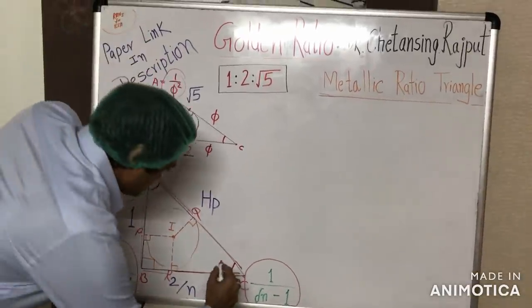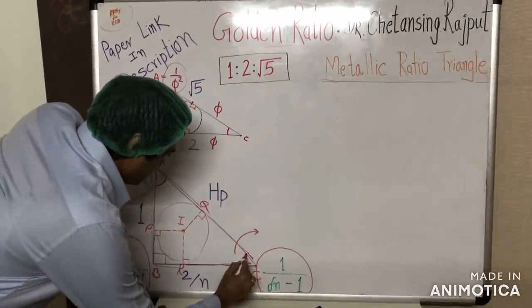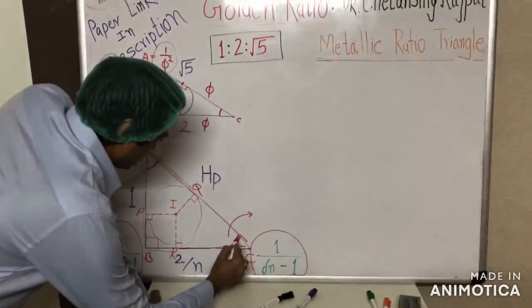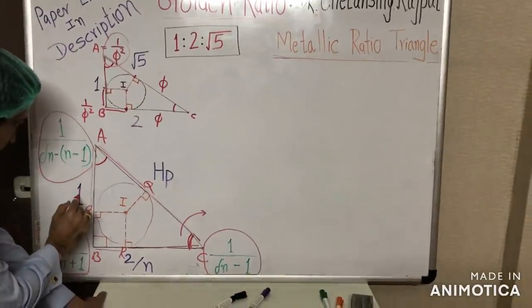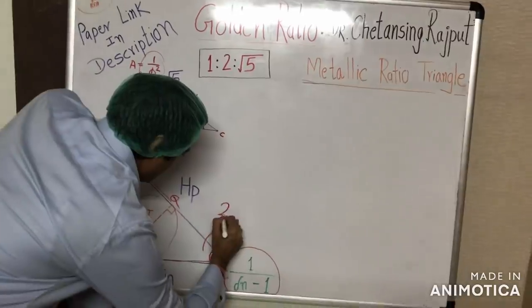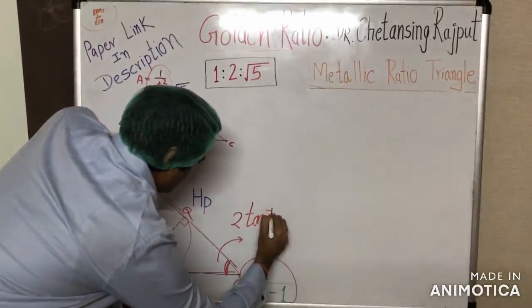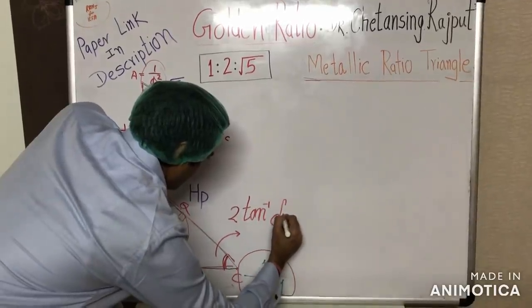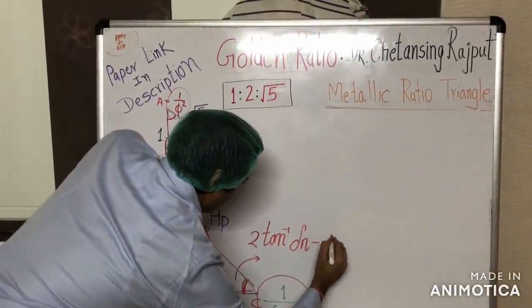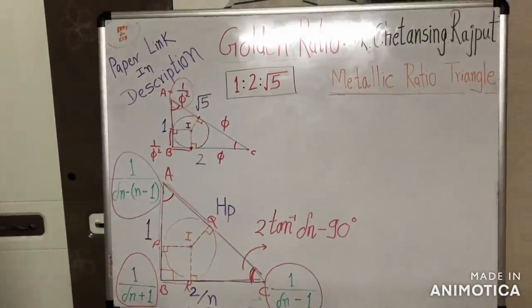Consider this acute angle here, the acute angle of the generalized metallic ratio triangle, the angle against cathetus 1. This angle can be precisely expressed as twice the arctangent of that metallic ratio minus 90 degrees.